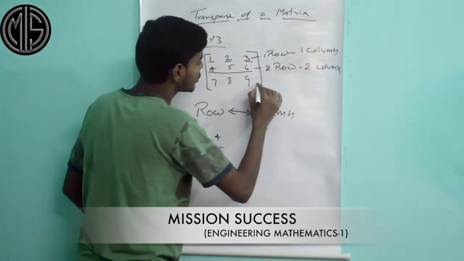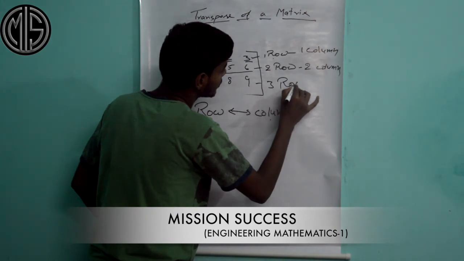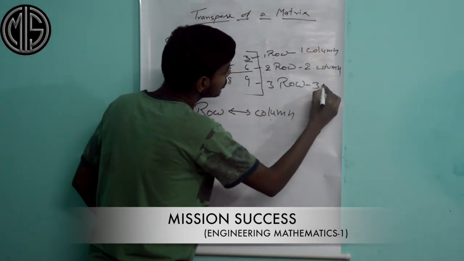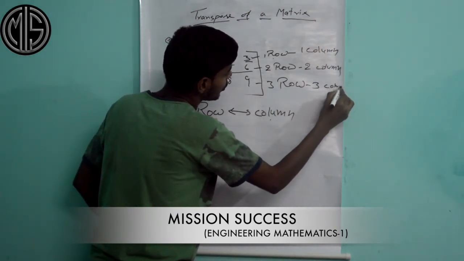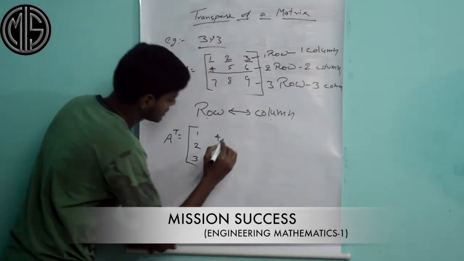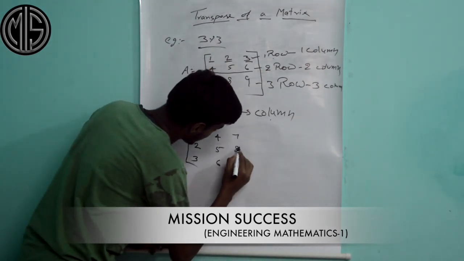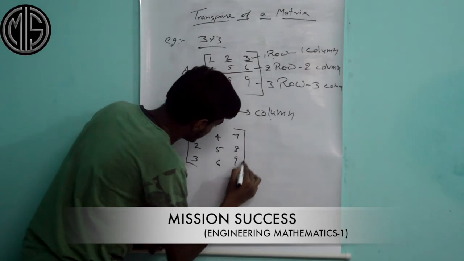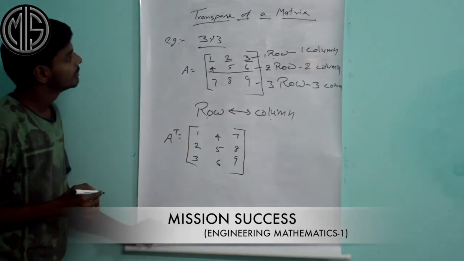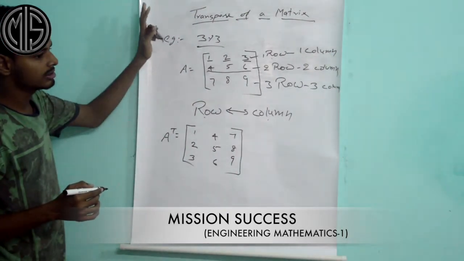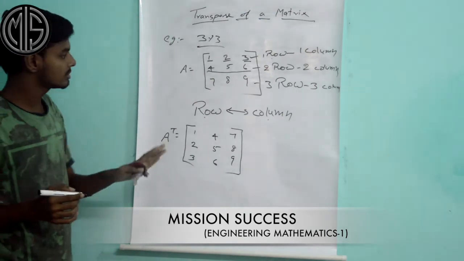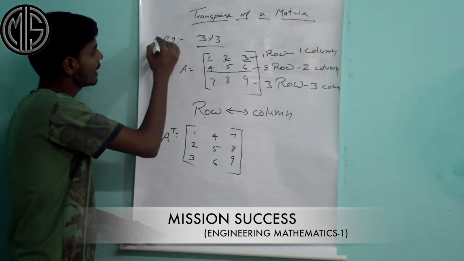Similarly, third row also into third column. 7, 8, 9. Means in transpose of a matrix, what we are doing?